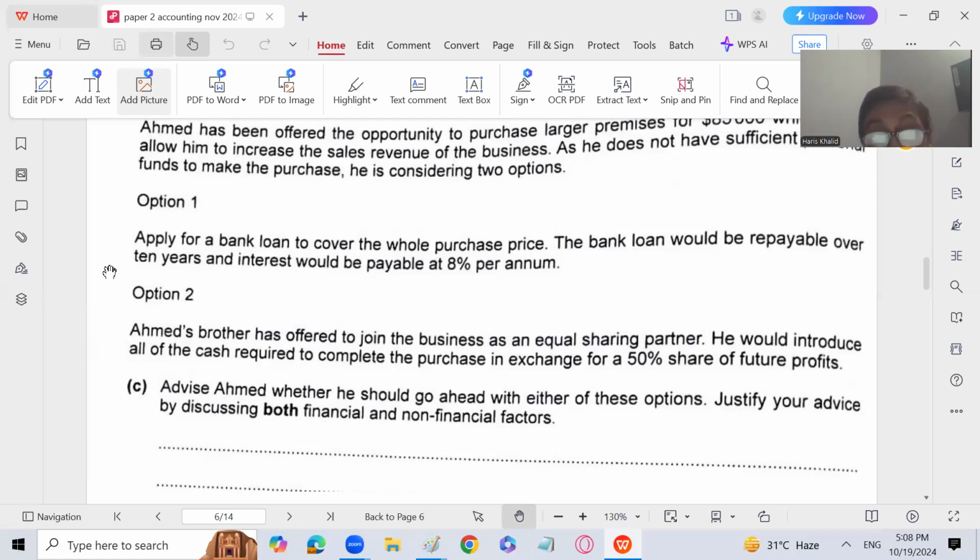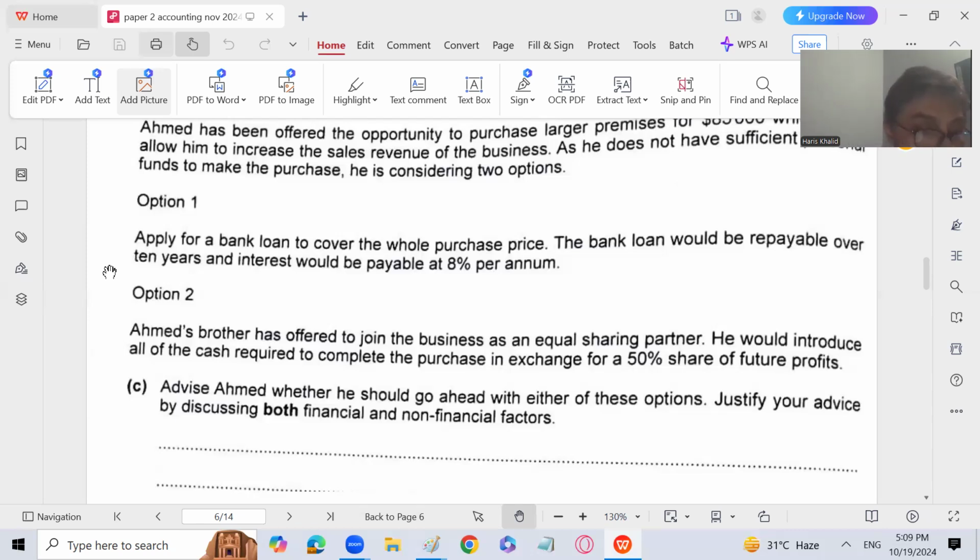And because he has to give an equal share, maybe the decision making will be difficult. There can be conflict between the partners, right? Conflict between the partners can also arise. So we have to take an option. I'll go with the bank loan, because we don't have that big a loan taken currently.